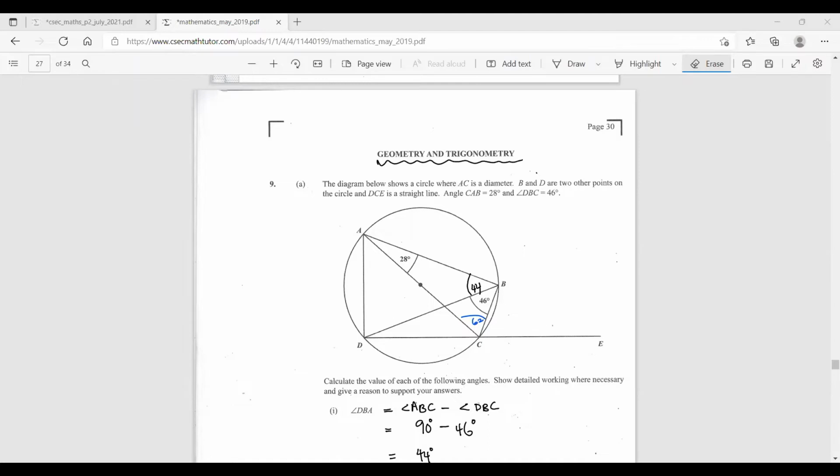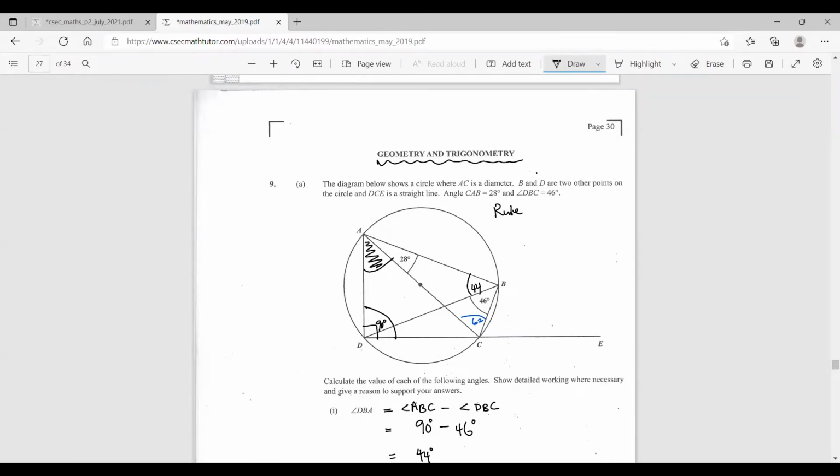Now we are trying to find up here, and we already know here is 90. So we found 90 degrees. So what we're trying to find now is this angle up here. There's a rule, they have many rules in circle geometry.